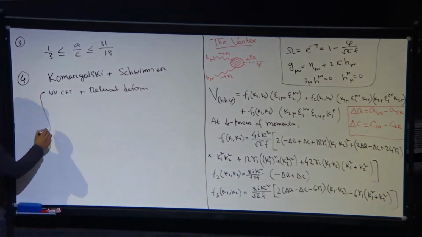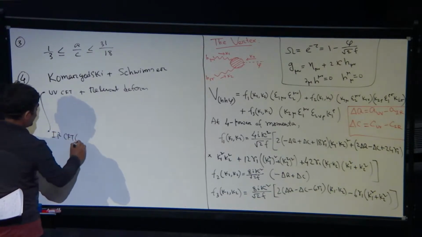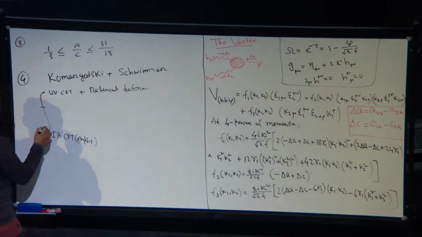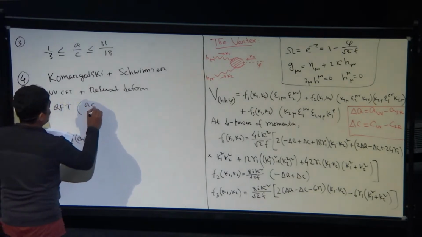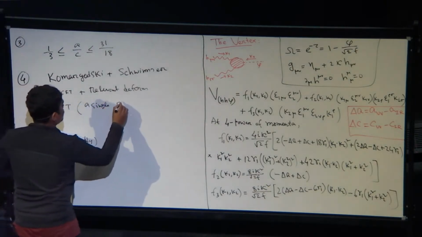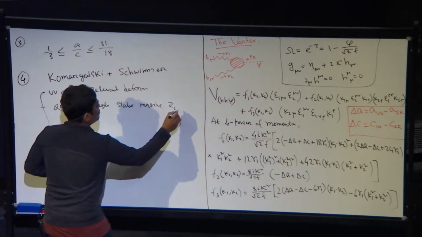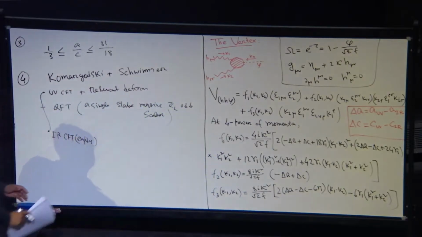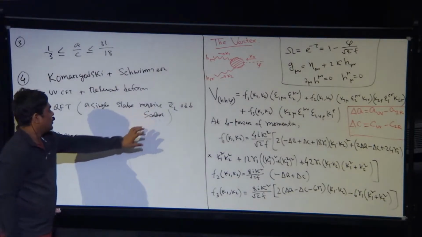And it flows, and suppose there is some IR fixed point, but in the IR we consider only massive QFTs, so that the IR CFT is really empty. And the QFT in between is given by a single stable massive Z2-odd scalar particle. Okay, so we consider a Z2 invariant QFT, which has a single massive stable scalar which is Z2 odd.